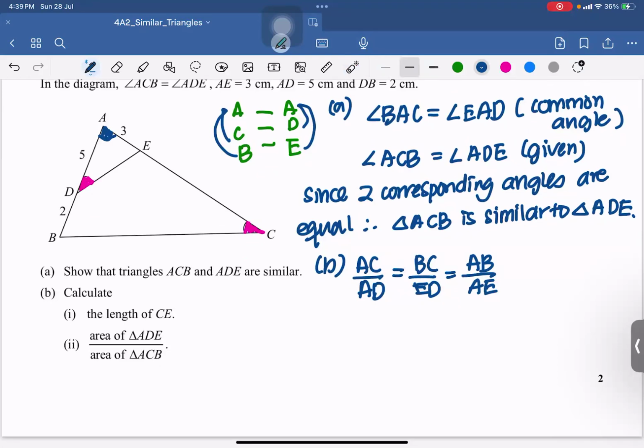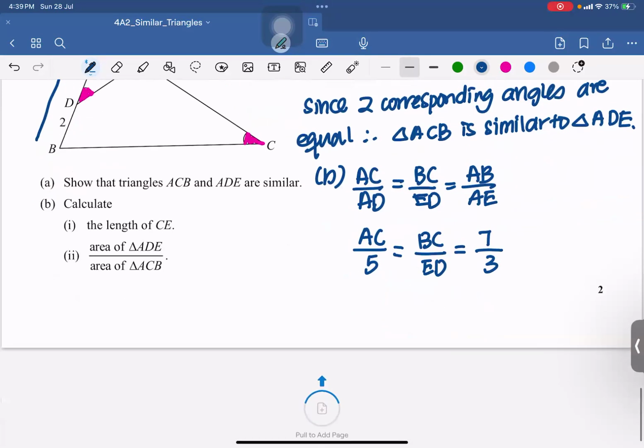AC, I do not know AC. AD is 5. I only know part of AC, right? Then BC, don't know. ED also don't know. AB, how much is AB? AB is 5 plus 2, 7. AE is 3.